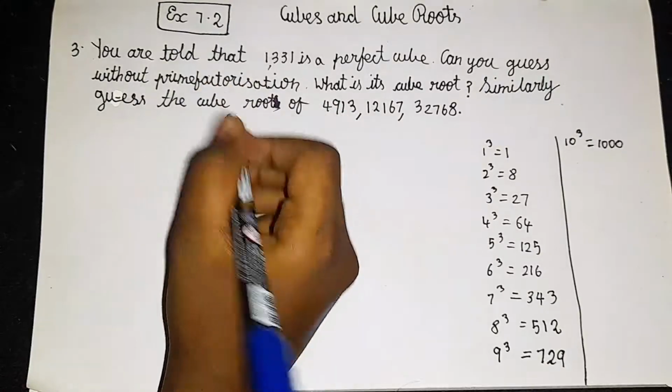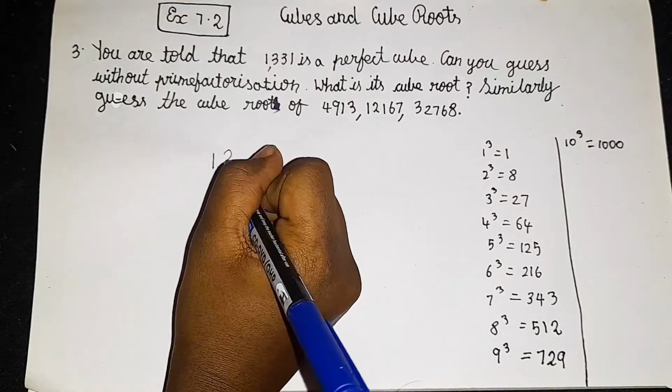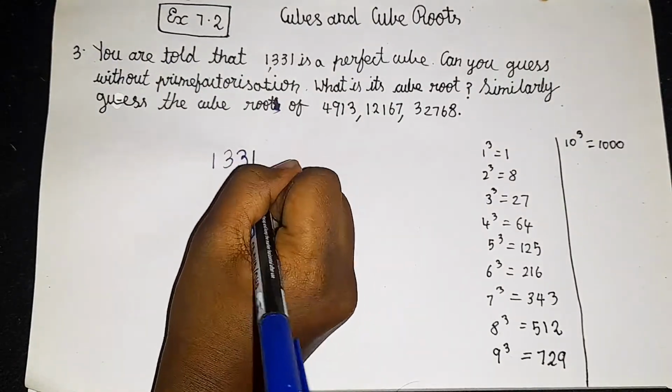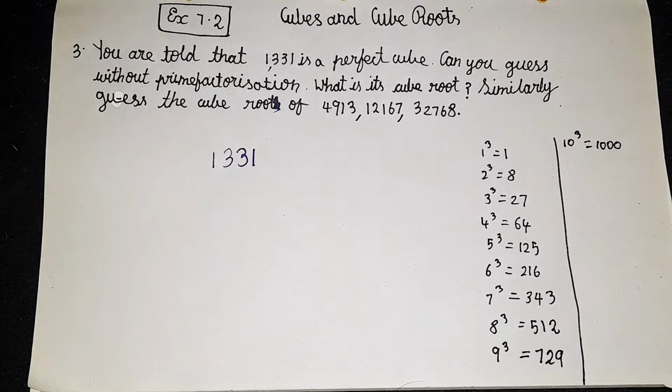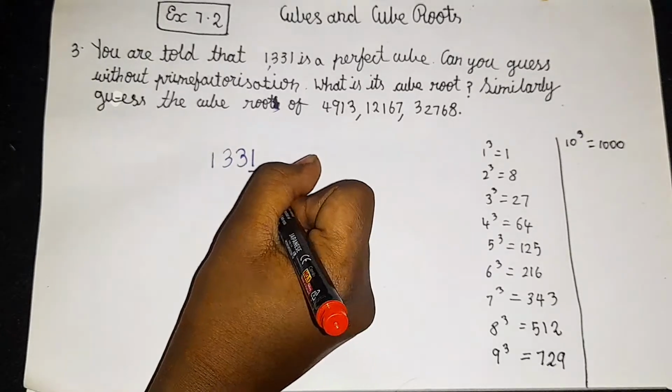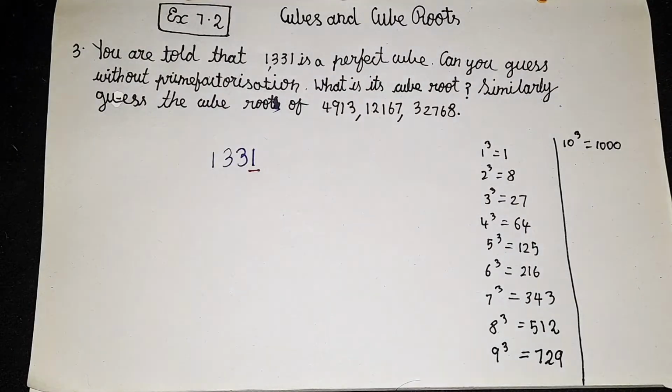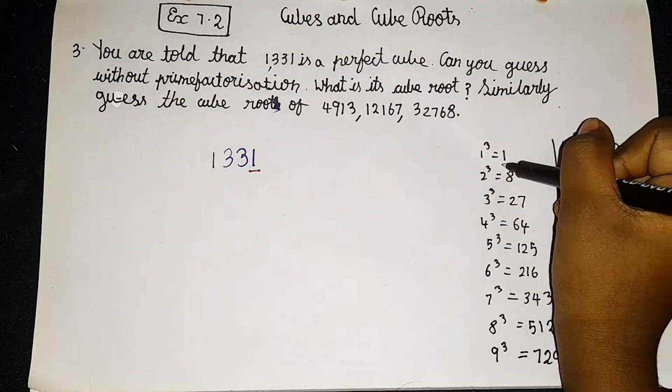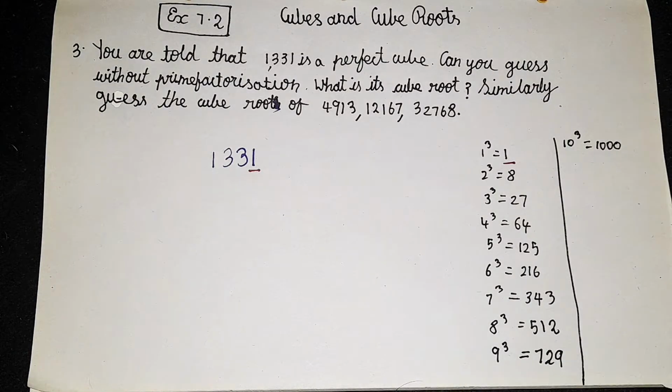So first, let me write 1331. What is the end digit? Our end digit is 1. So which of these cubes has end digit 1? 1 cube's end digit is 1. Am I right?